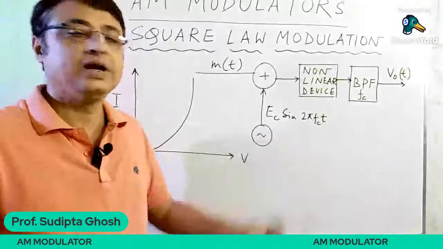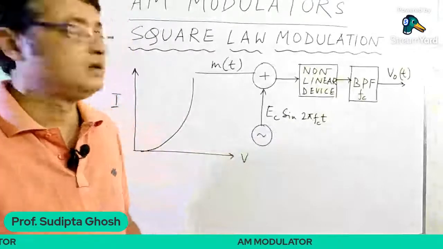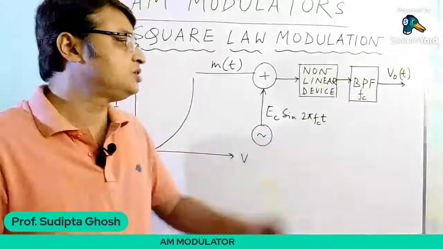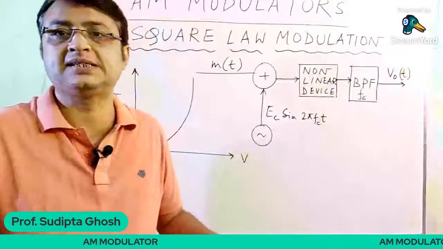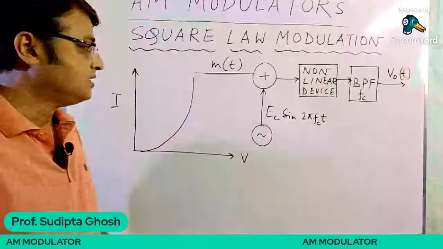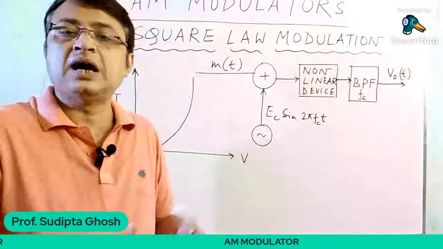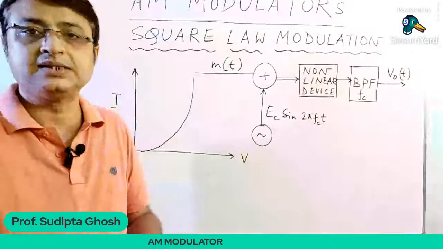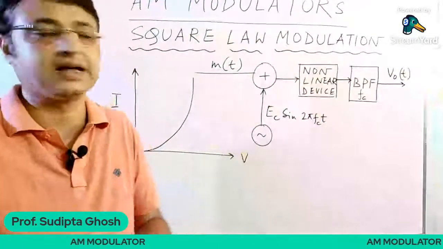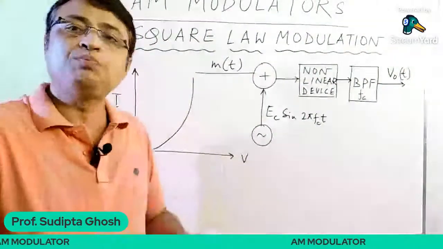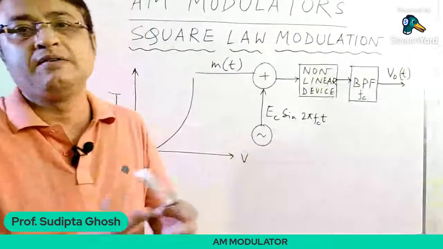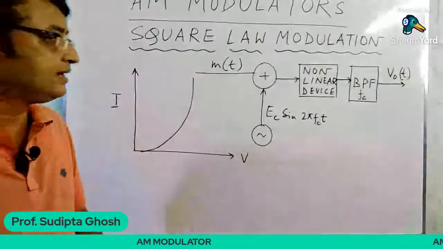Here we have taken the carrier signal form as Ec sin 2πfct, or Ec sin ωct. These two signals are fed to a summation circuit, a summer or an adder circuit, and the output of this adder will be fed to the nonlinear device.